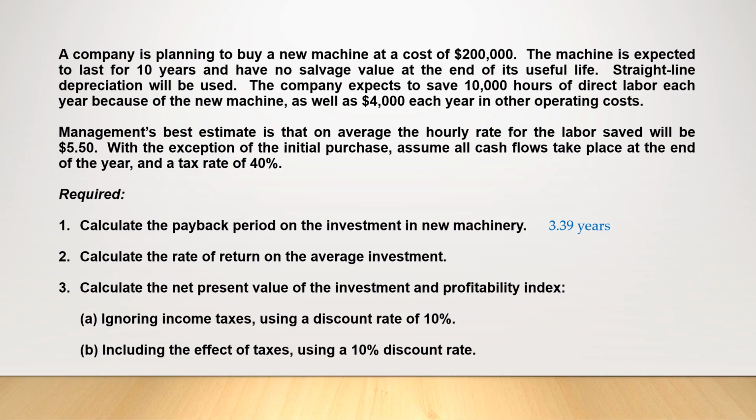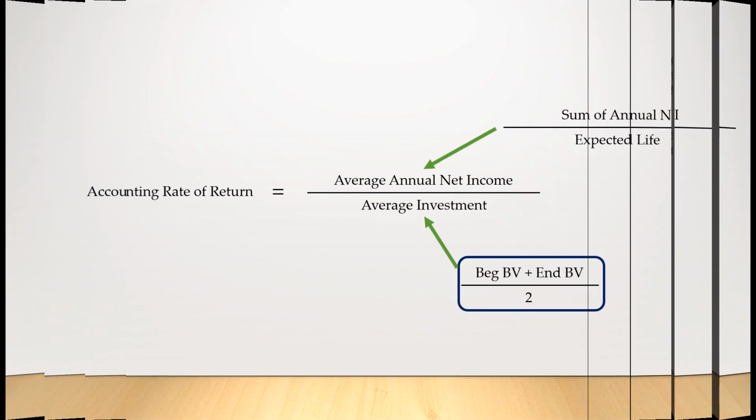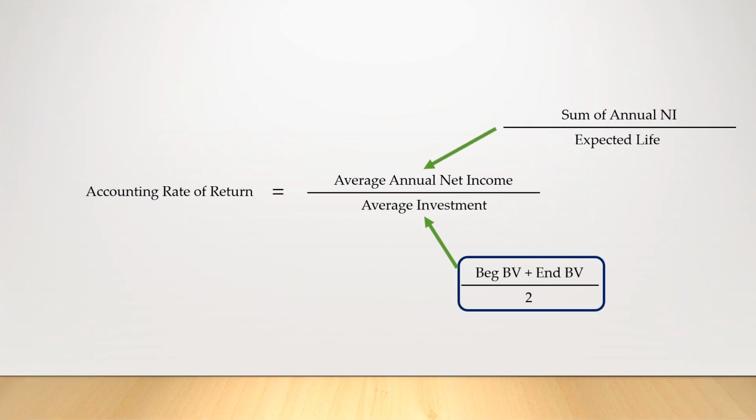The beginning book value is just the cost of the asset, and since this asset has no salvage value, its ending book value is 0. Sum those two numbers and divide by 2 to get $100,000.